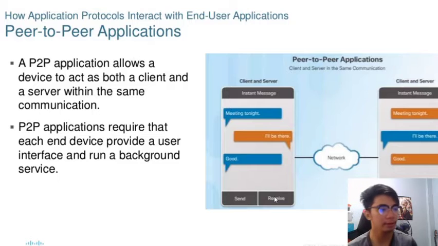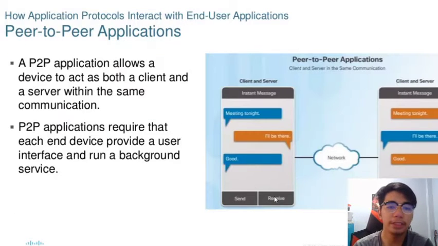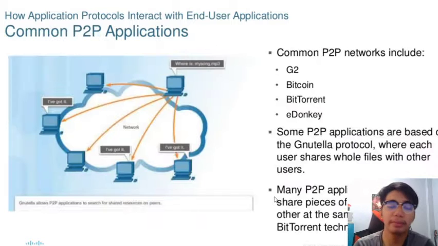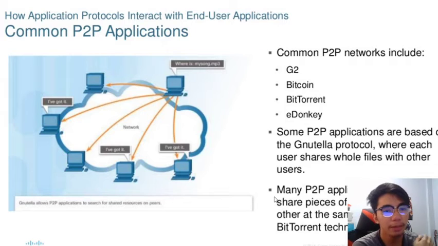A P2P application requires that each end device provides a user interface and runs a background service. P2P is somewhat like messaging and messengers. Common P2P applications are Bitcoin, BitTorrent, and eDonkey.